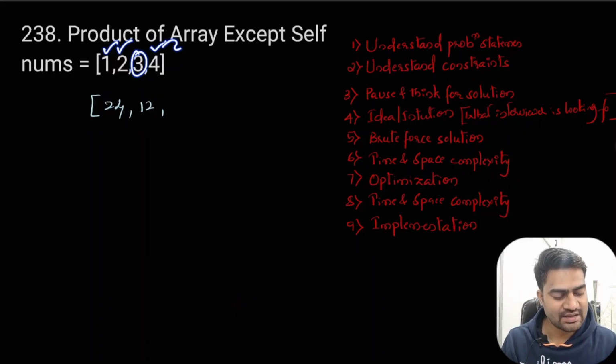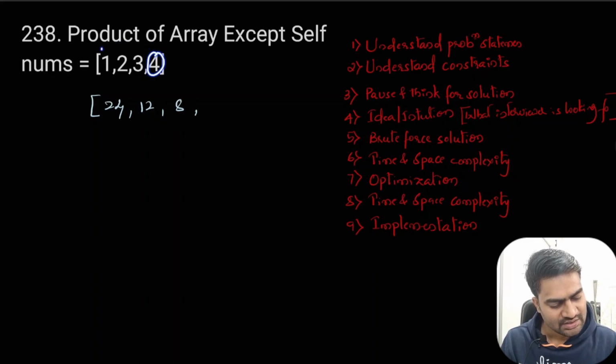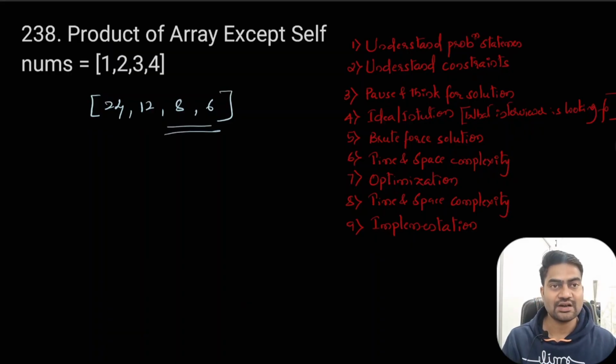So basically I am excluding that particular number and I am considering all the remaining numbers in the array. 1 into 2 into 4 will give us 8, correct? Now if you exclude 4, the remaining numbers are 1 into 2 into 3, which is 6. So this is what is expected out of this particular problem.